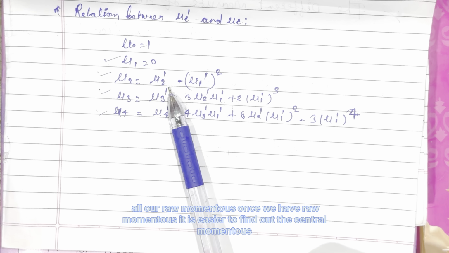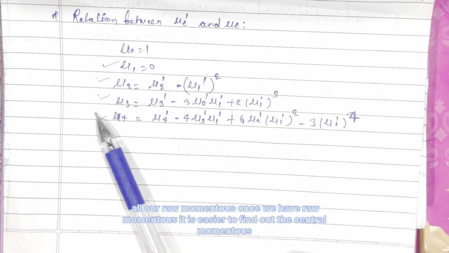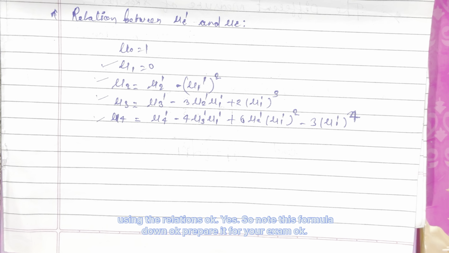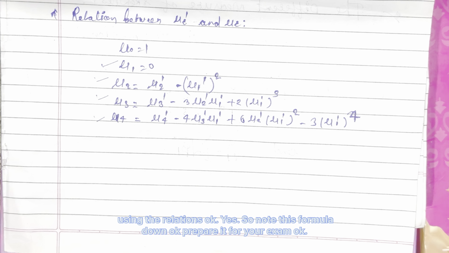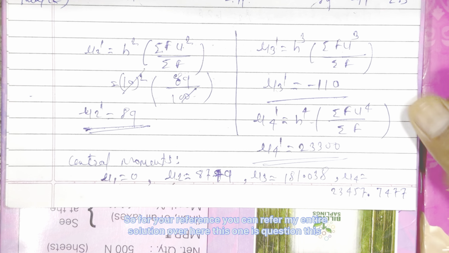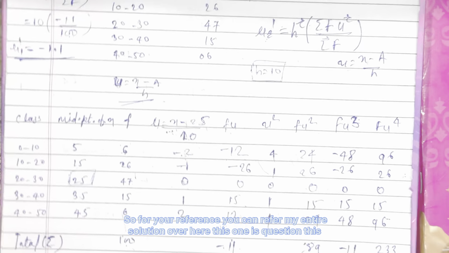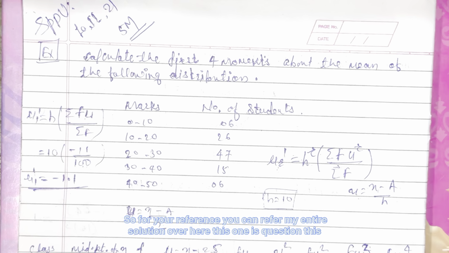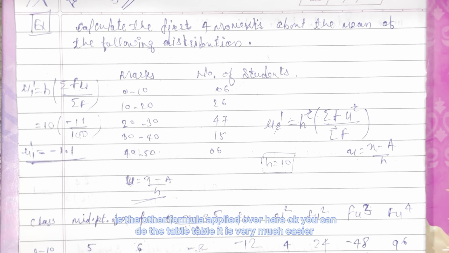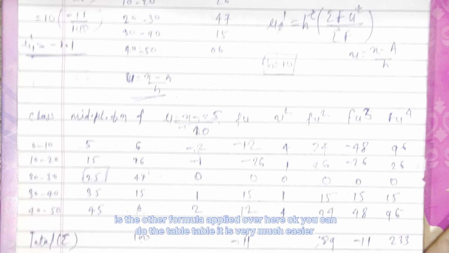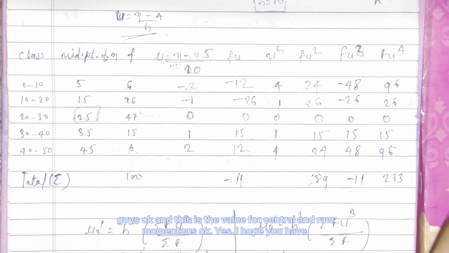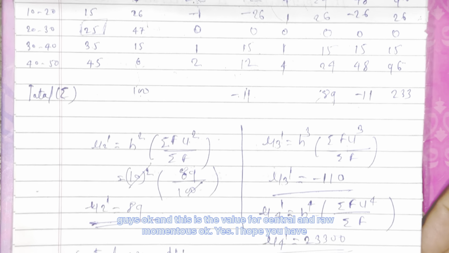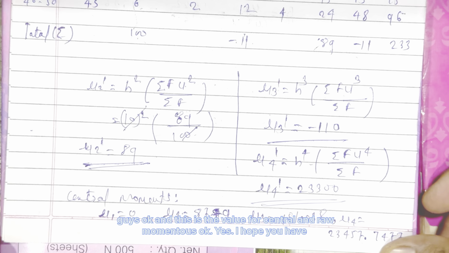Once we have raw moments, it is easier to find the central moments using their relations. So note this formula down, prepare it for your exam. For your reference, you can refer to my entire solution over here. This one is the question, these are the formulas I applied over here. You can make the table, it is very much easier guys. And these are the values for central and raw moments.